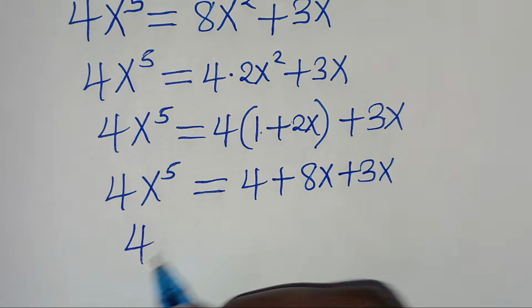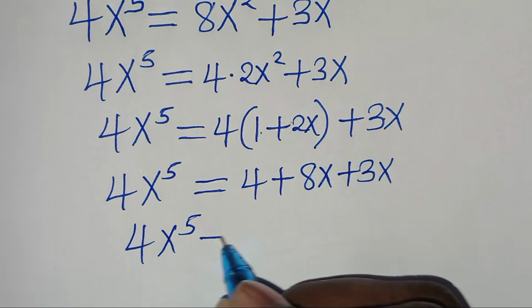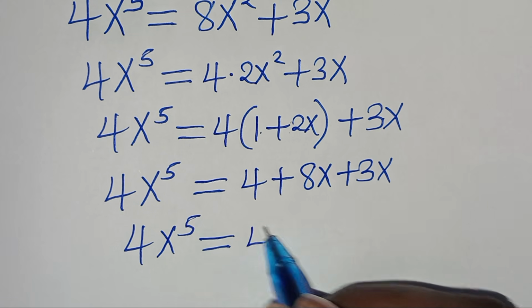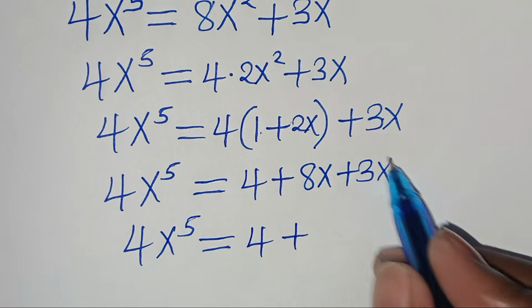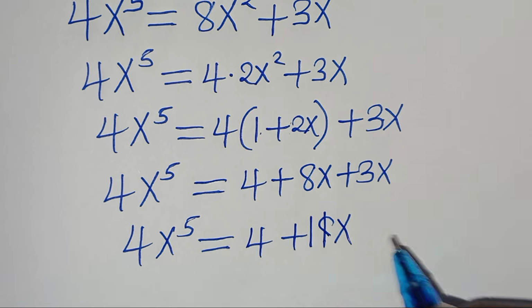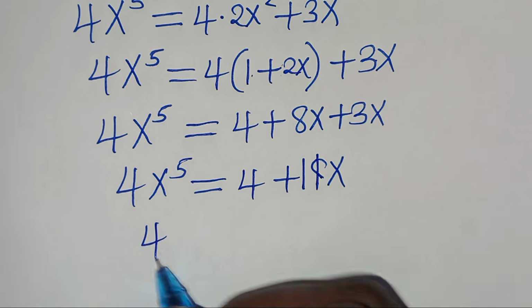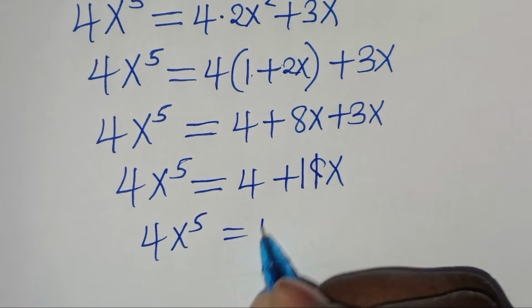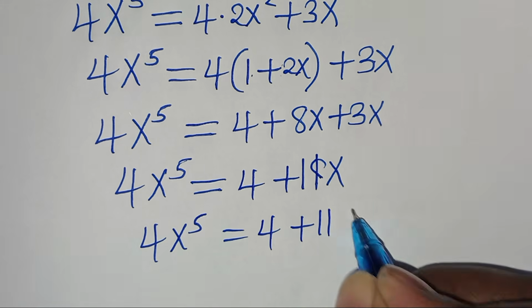So this is 4x to the power of 5 equal to 4 plus 8x plus 3x, this is equal to 11x. So we have 4x to the power of 5 equal to 4 plus 11x.